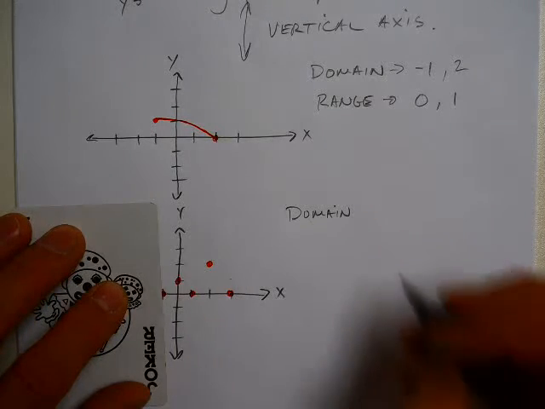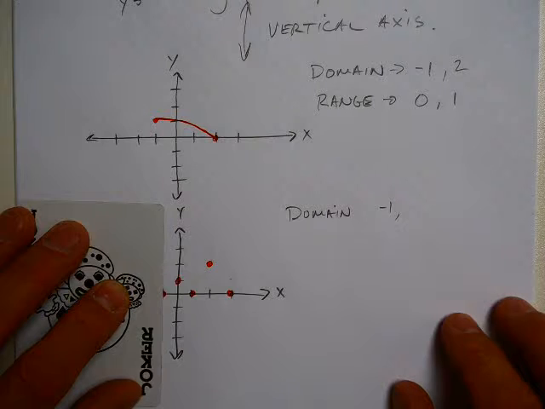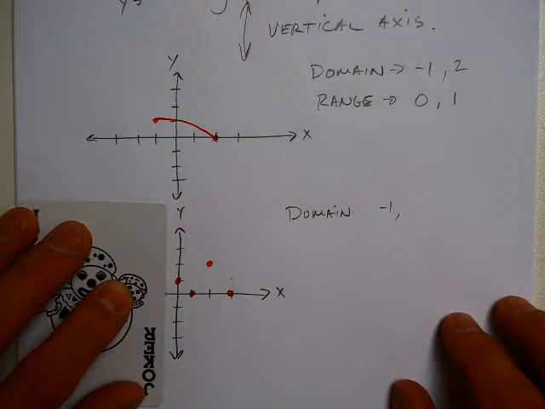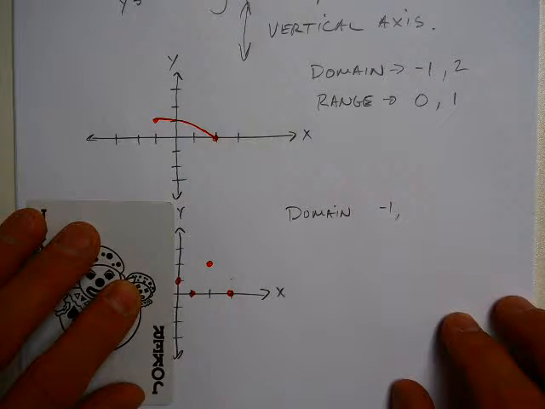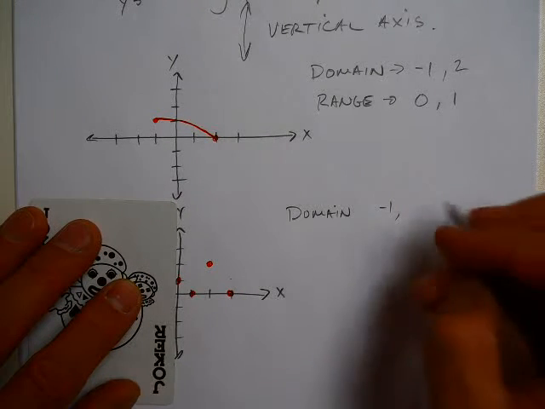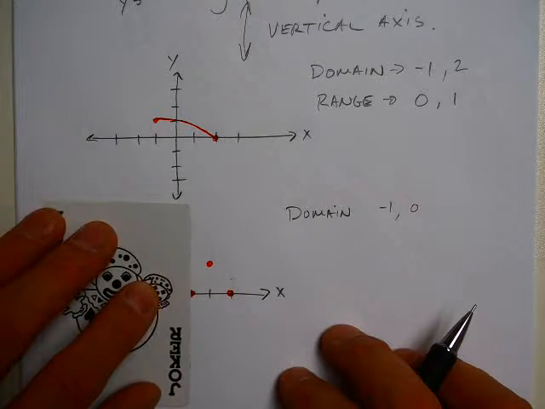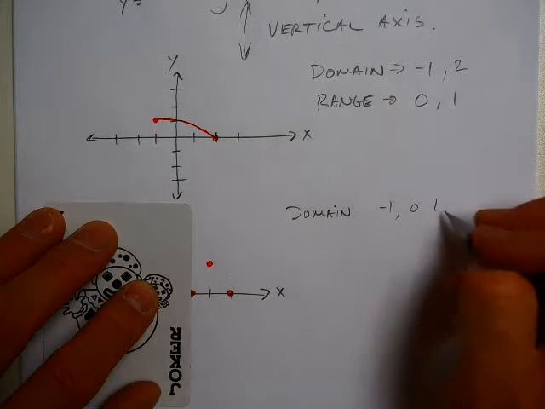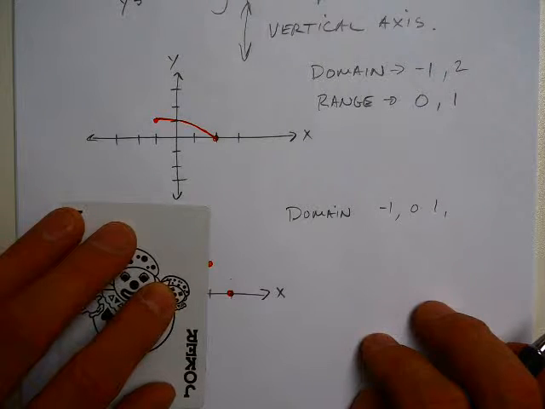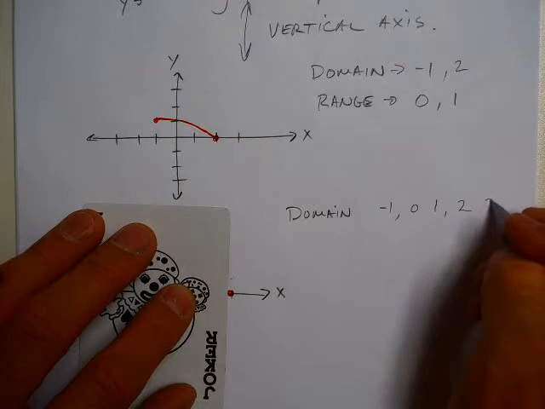As I drag my vertical joker line across, where do I touch? At -1. Is there anything between -1 and 0? So where do I touch again? 0, right? I'm looking at the x-axis. And I touch again at 1. And then I touch again at 2 and 3.